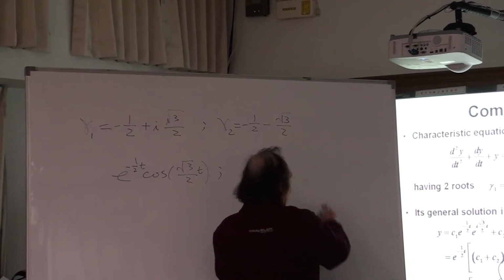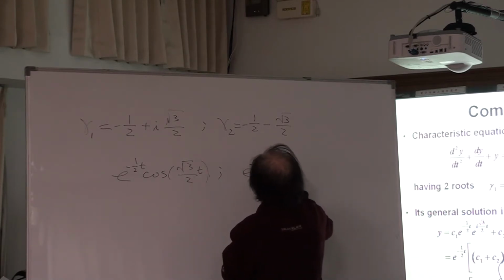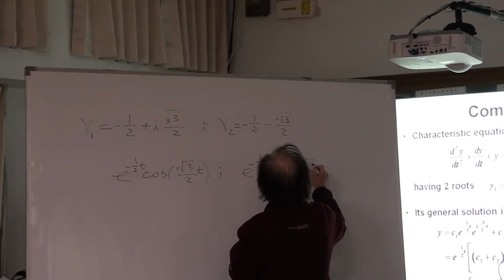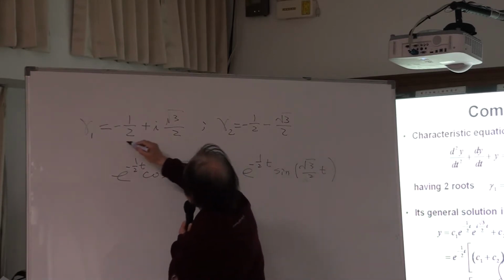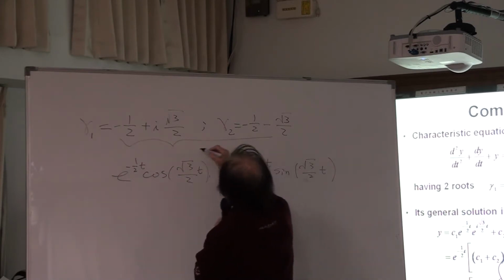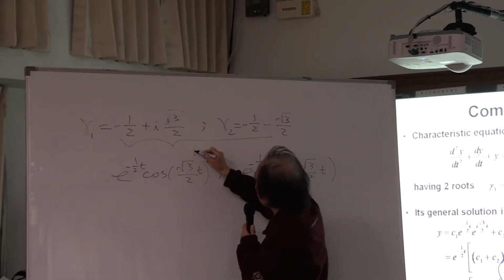One is cosine, one is sine. So these two roots give us these two functions.